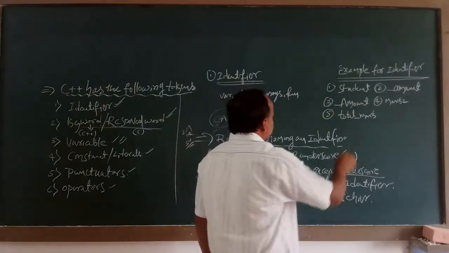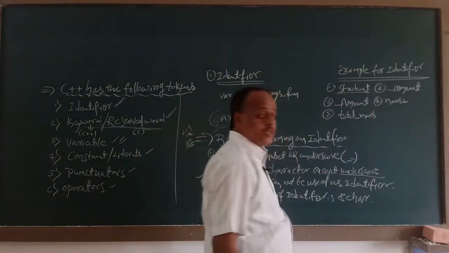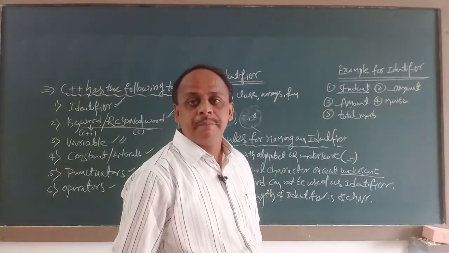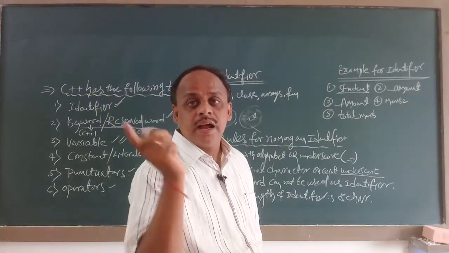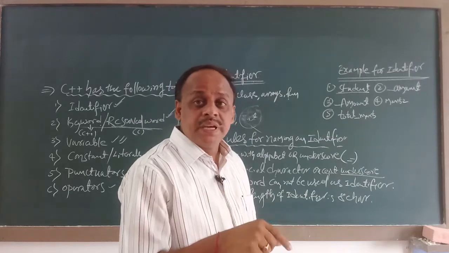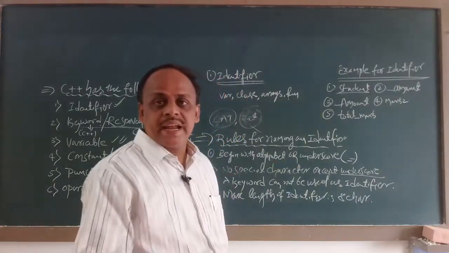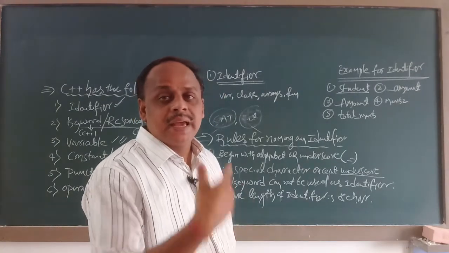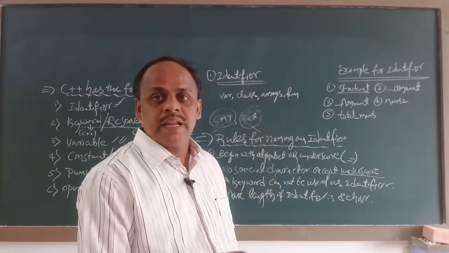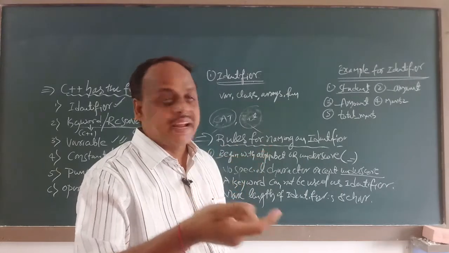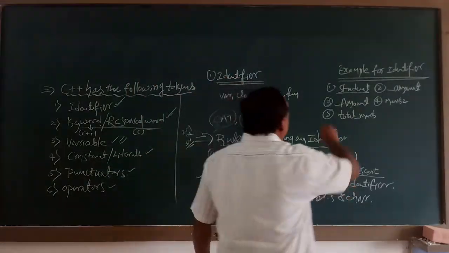See here, first one is student. This identifier is made up of only letters. Identifiers must begin with a letter or underscore. Here it begins with a letter, there is no special character, it is not a keyword. Maximum length of the identifier is 8 characters, so it is a valid identifier.